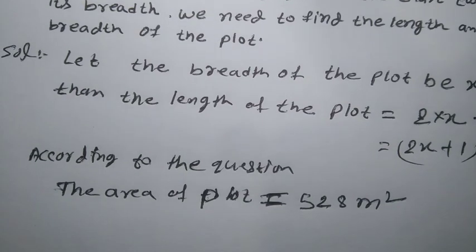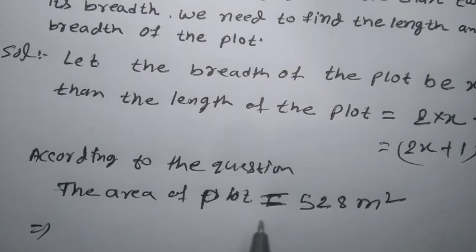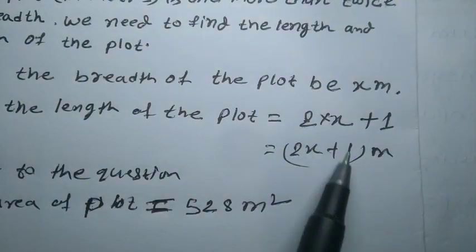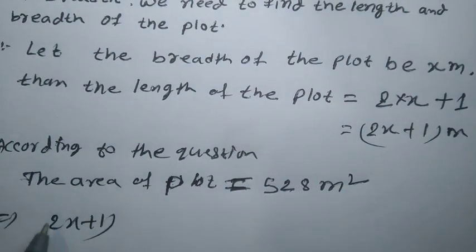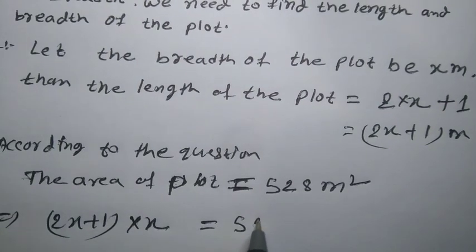We know that the area of a rectangle is equal to length into breadth. So we write here length is 2x plus 1 and breadth is x. So 2x plus 1 is multiplied by x, then we get 528.